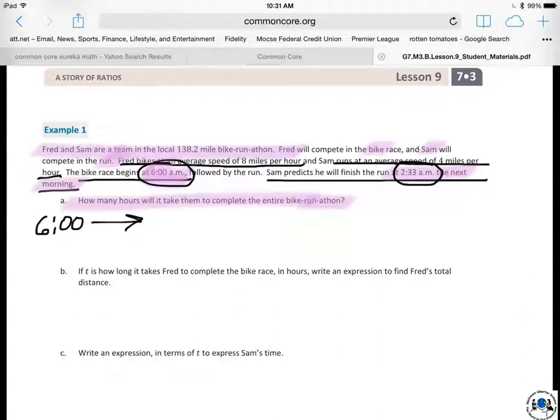Okay, so we could just go 6 o'clock all the way to 12 midnight. We could do it this way. Maybe some of you can look at this and know exactly how much time that is. But let's just deal with getting to 2 o'clock.